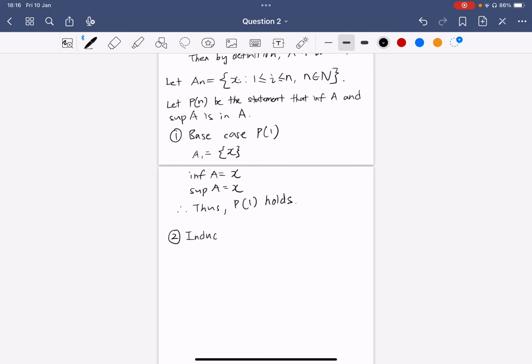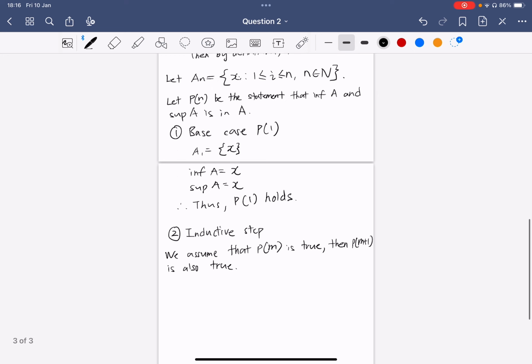Now, in the inductive step, we assume that Pm is true. And so, then Pm plus 1 is also true. Right?